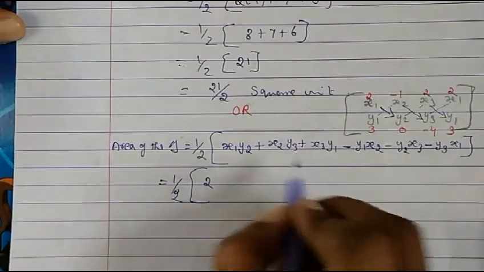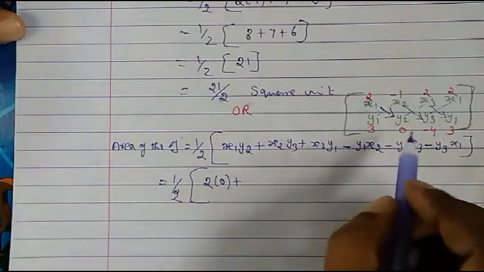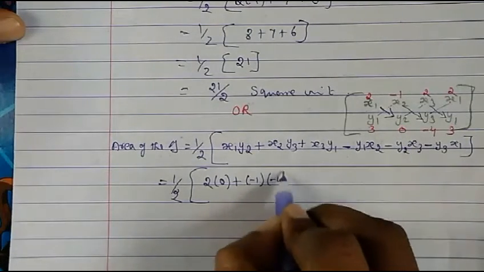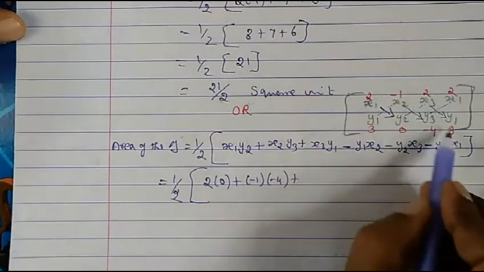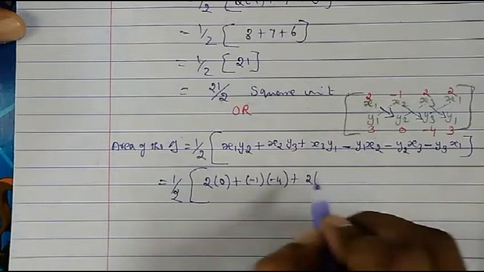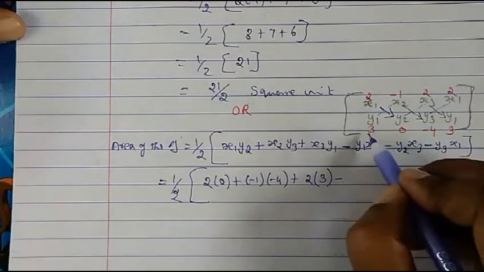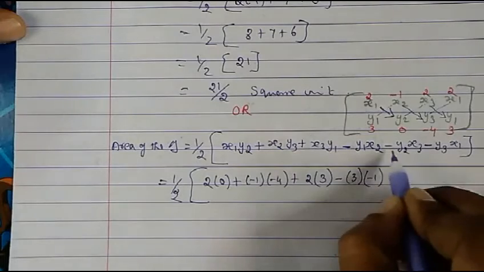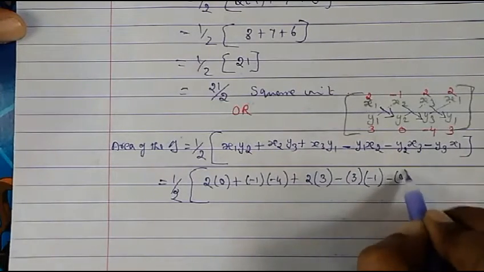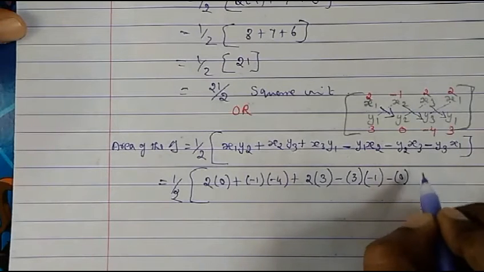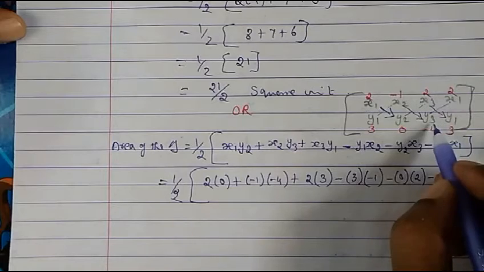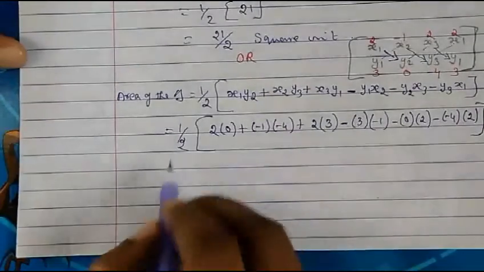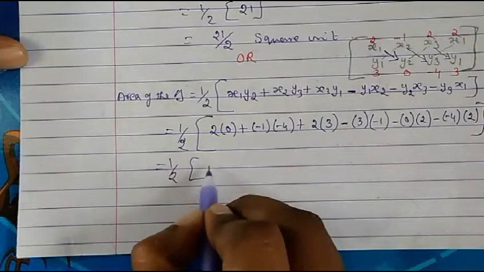If you have written the formula, then put the values. x1 and y2: 2 into 0, plus x2 and y3 are minus 1 and minus 4, plus x3 is 2 and y1 is 3, minus, now y1 x2 are 3 and minus 1, minus y2 x3: 0 into 2, minus y3 x1: minus 4 and 2.